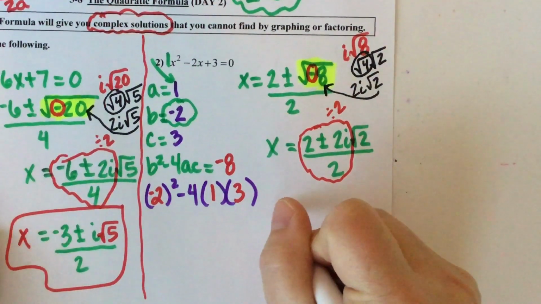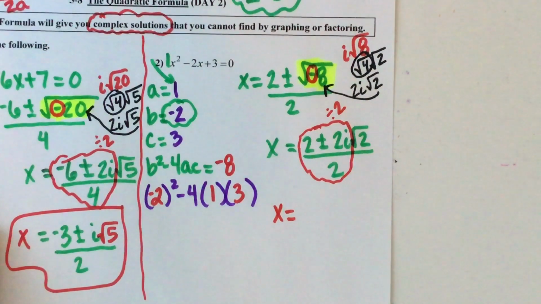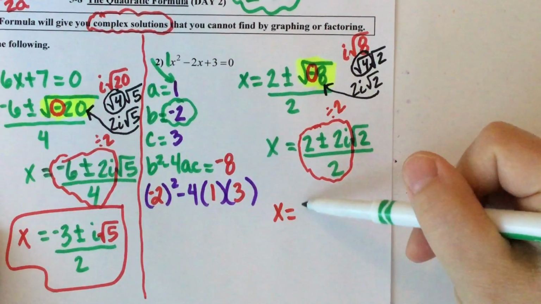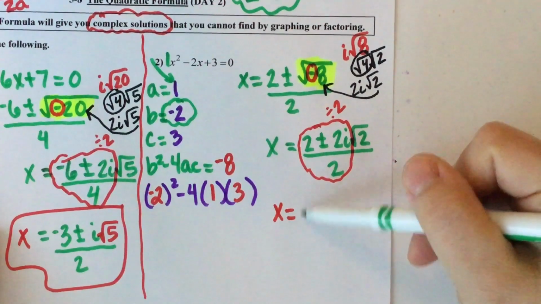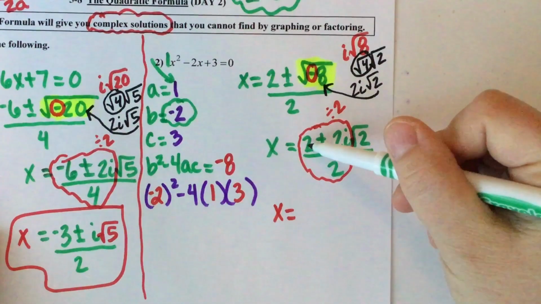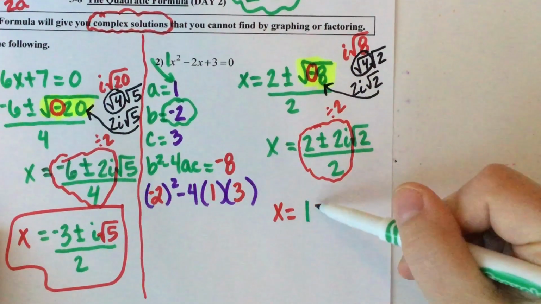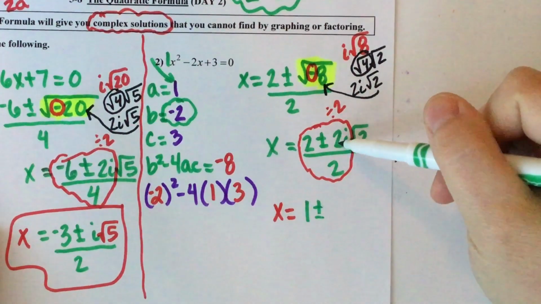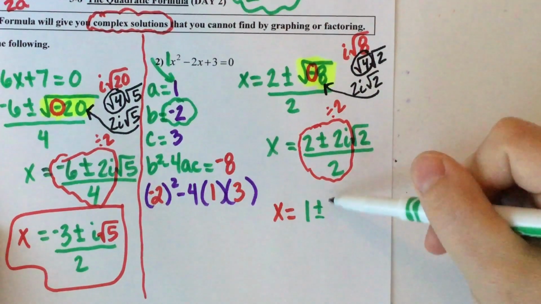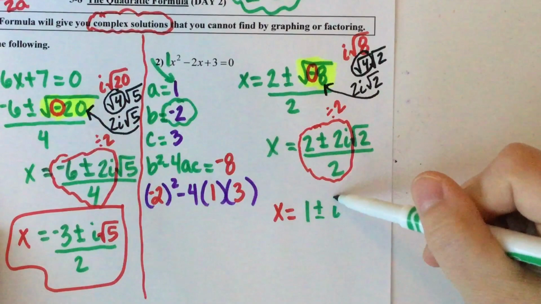Okay, now this is something that people will mess up. So 2 divided by 2 is 1, and people think you don't have to put this 1, but there's nothing behind it, so you have to put the 1. Put your plus minus. 2 divided by 2 is 1. Now this 1 you don't have to write because there's an i behind it.